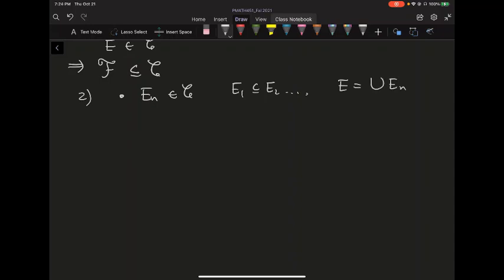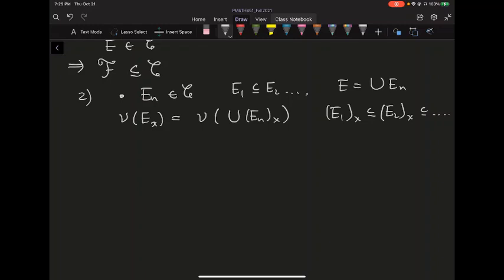I want to know, first of all, what is the measure of Ex. Because E is this union, you can convince yourself that Ex is also the union of the Enx. This is really simple to show. And these Enx are increasing, because E1 is contained in E2, so when you restrict to x, it still satisfies this increasing chain.